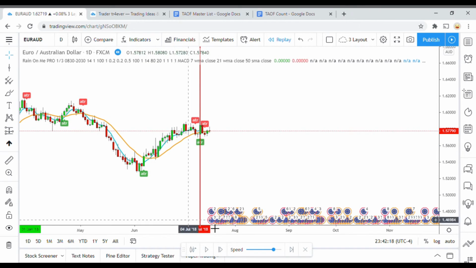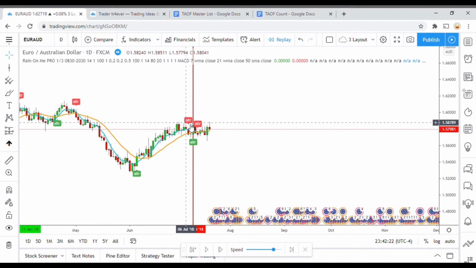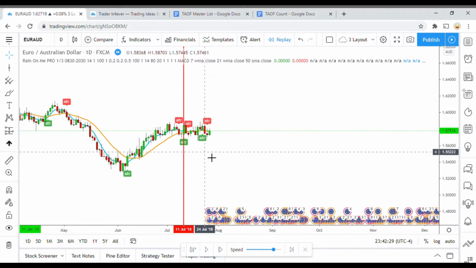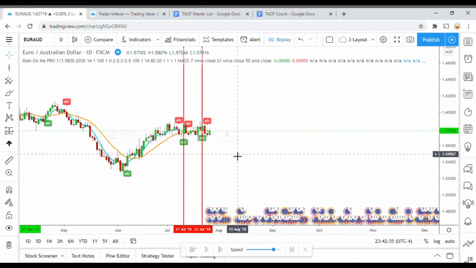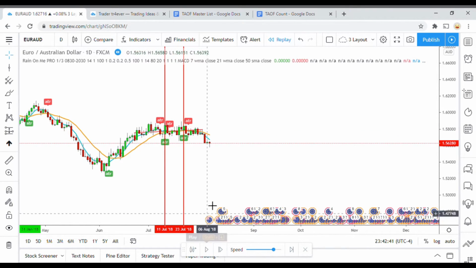It's close, but not quite. Alright, there it goes. That one definitely stopped us out on there. Alright, now continue forth here. We had another long there. Let's go ahead and mark it. Let's see what this does.